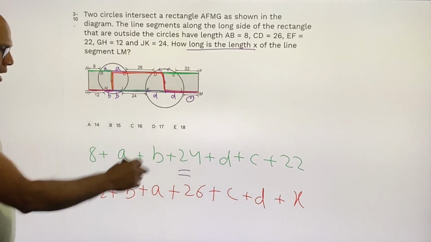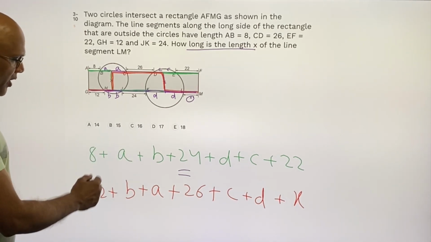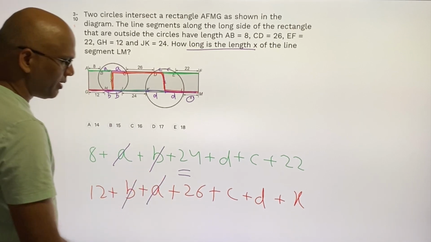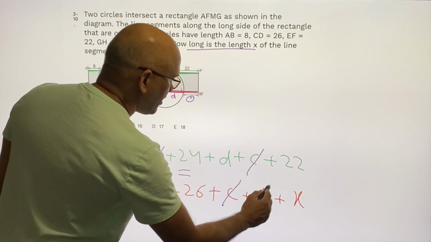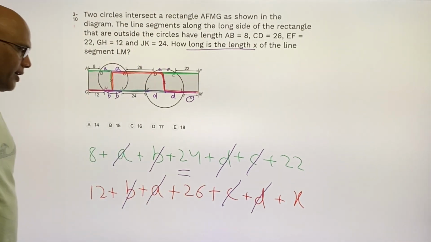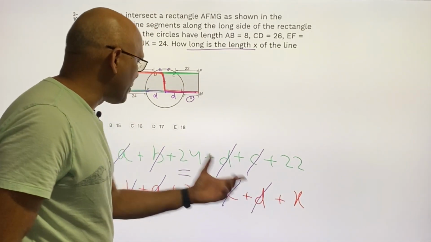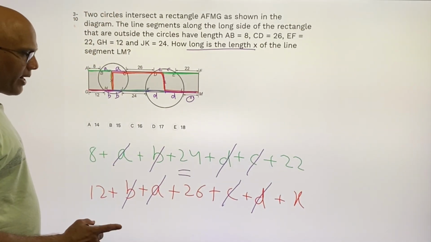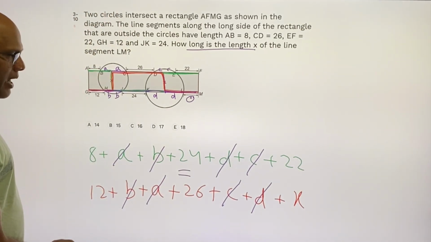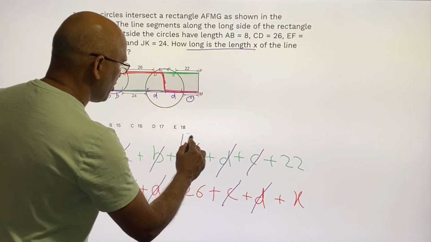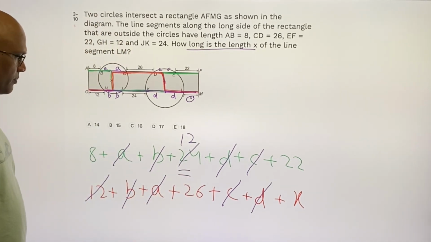From here, I can cancel out A, B, C, D, so all I'm left with is X as the variable, everything else is known. I can also take out this 12, so only 12 remains here.